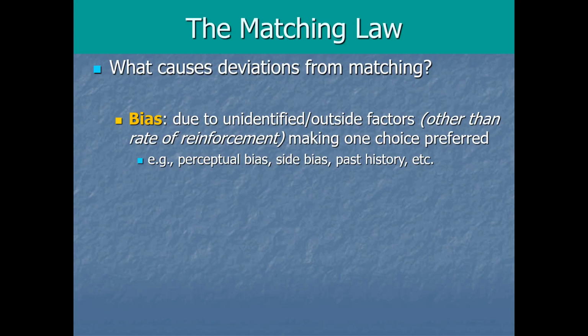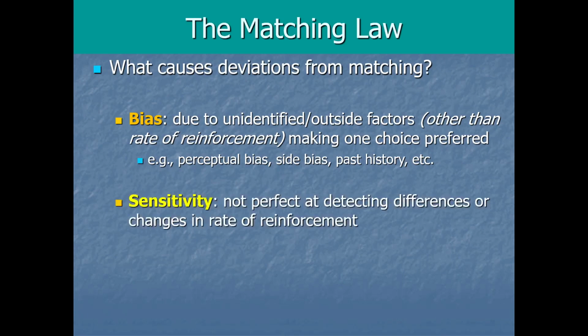But there's also another source of deviation from matching, another thing that explains why how they split their behavior across the options in a choice situation doesn't exactly match the relative rate of reinforcement. This other deviation from matching we call sensitivity. Basically, no individual is going to be perfect at detecting differences or changes in the rate of reinforcement.